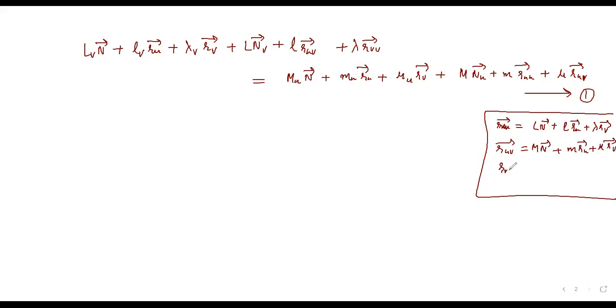And the third one is R_vv is equal to N N plus, of course, small n R_u plus nu R_v. Now these are all Gauss formulae.